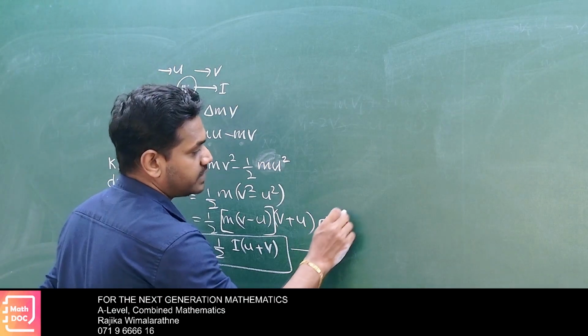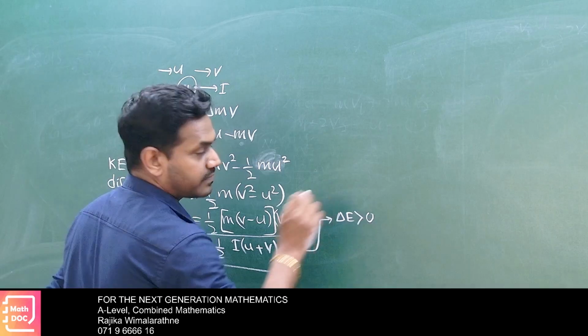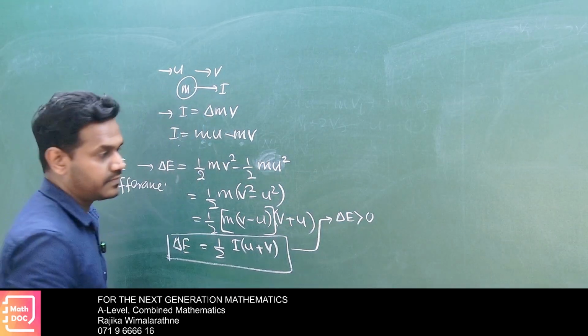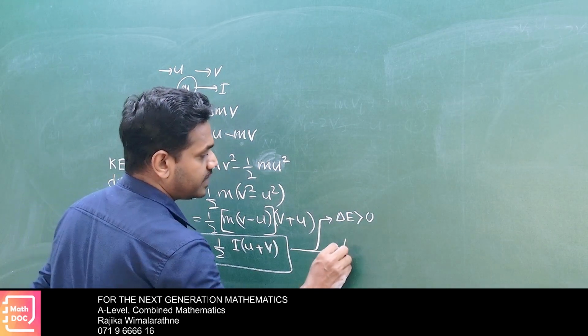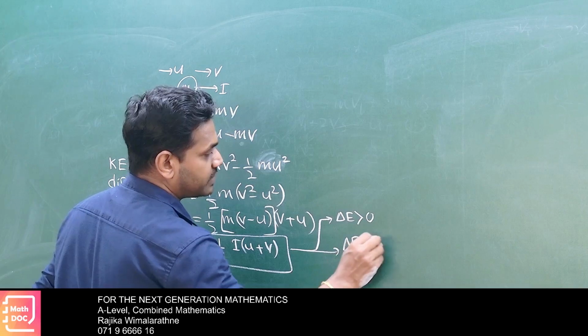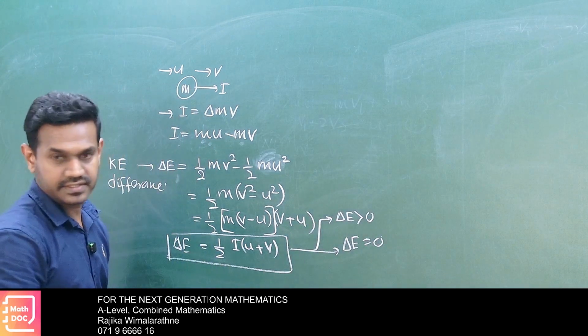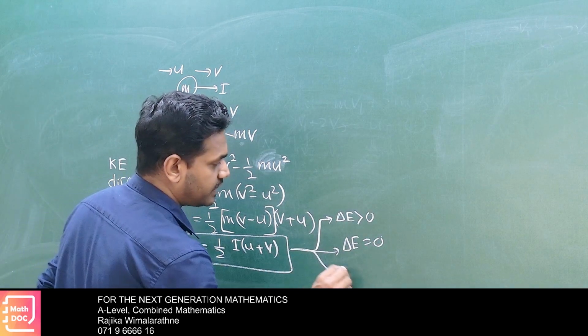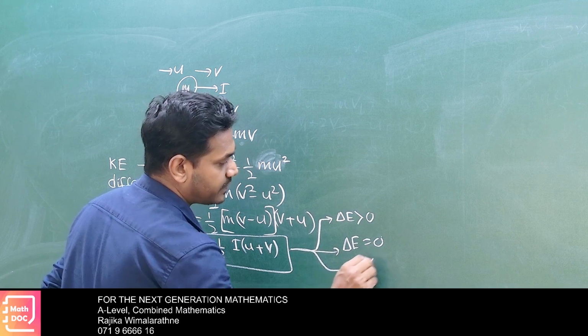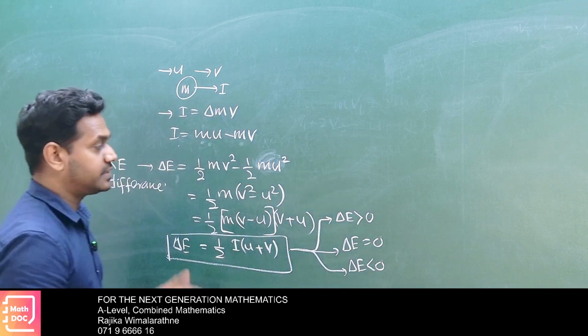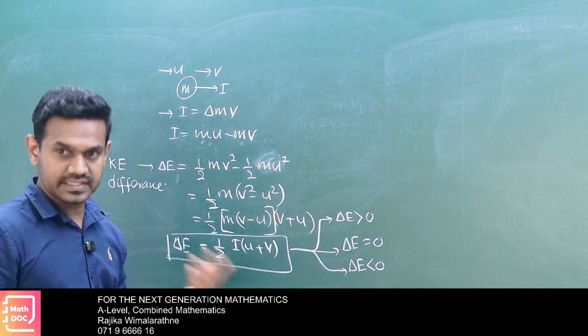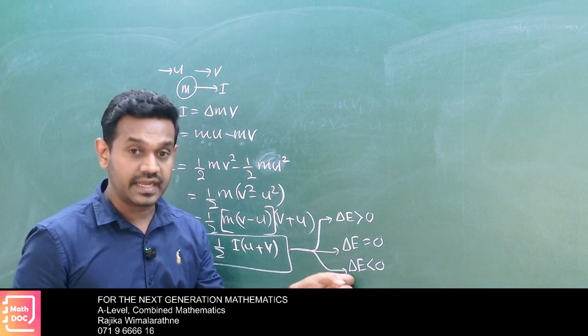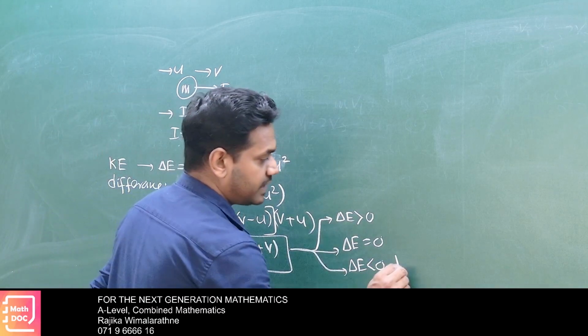If you get a positive value, if delta E is positive, then energy is absorbed. If delta E equals 0, no kinetic energy loss. If delta E is less than 0, the final energy is less than the initial one, so there is an energy loss.